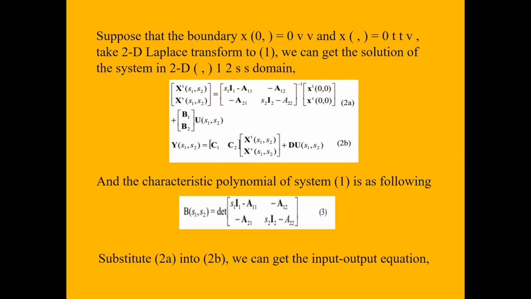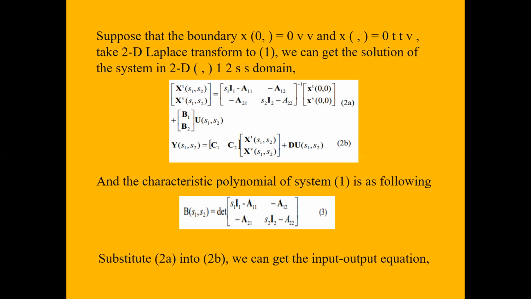X to the power t of s1 comma s2, x to the power v of s1 comma s2 in the matrix is equal to matrix of s1 I1 minus A11 minus A12 and minus A21 s2 I2 minus A22 inverse, x to the power t of 0 comma 0 and x to the power v of 0 comma 0 plus again a matrix b1 b2 of u of s1 comma s2.